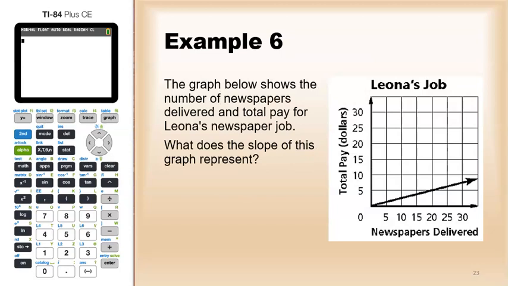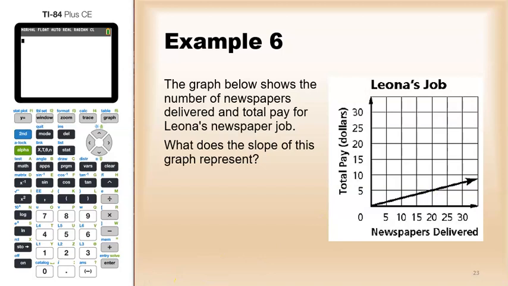The graph you see on the right here shows the number of newspapers delivered and total pay for Leona's newspaper job. So what does the slope of this graph represent? What we have here, you can see that I go from 0, let's use this point right here. So I go up 5 and I'm going over 20.